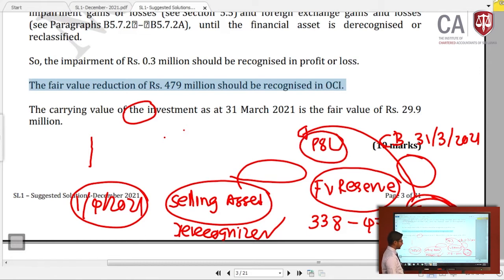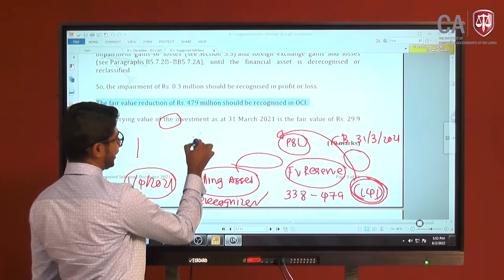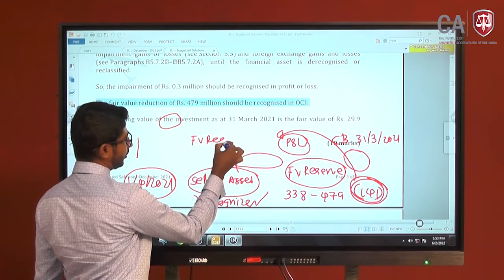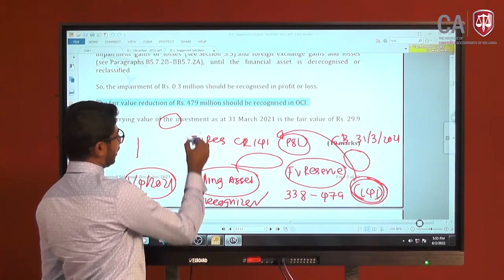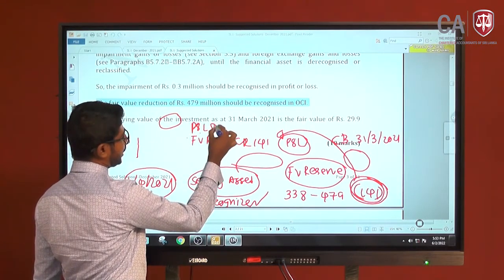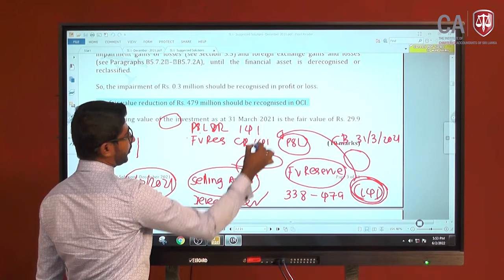What is the double entry? Now it is not a reserve, it is not a credit balance, it is a debit balance we have. So what you do is fair value reserve credit by 141 and P&L debit by 141, right.